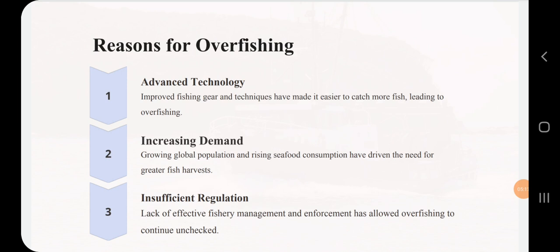Increasing demand, growing global population and rising seafood consumption have driven the need for greater fish harvest. Insufficient regulation, lack of effective fishery management and enforcement has allowed overfishing to continue unchecked.